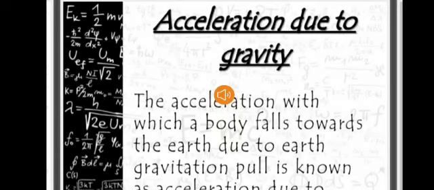So F is equal to G capital M small m by R square.